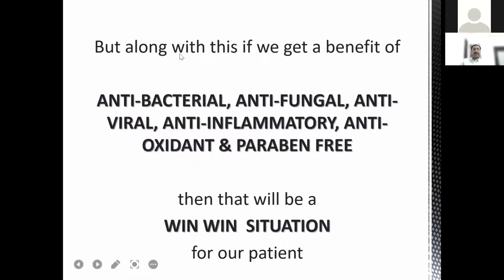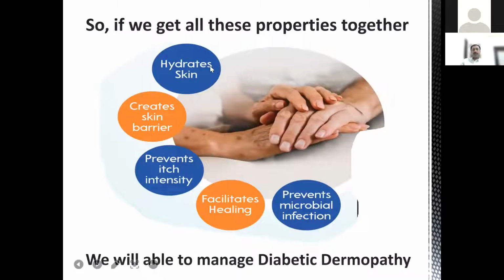But along with this, if we get the benefit of antibacterial, antifungal, antiviral, anti-inflammatory, antioxidant, and paraben-free substances, then it will be a win-win situation for our patients. If we get all these properties together, which hydrate the skin, create a skin barrier, prevent itch intensity, facilitate healing, and prevent microbial infection, probably we will be able to manage diabetic dermopathy.